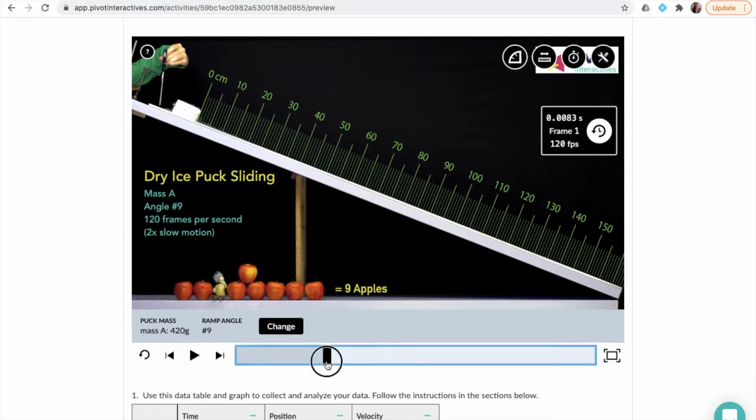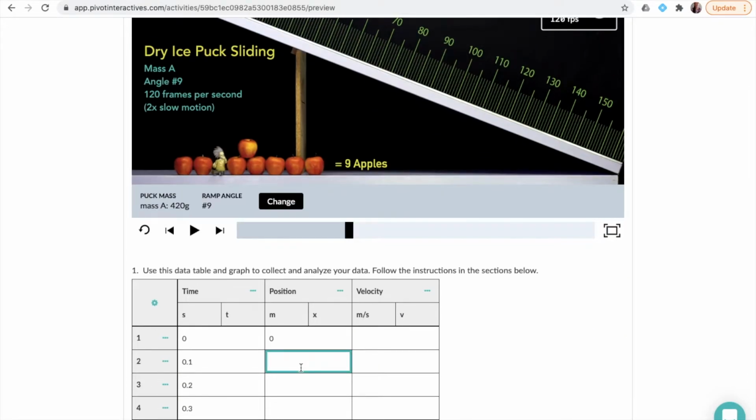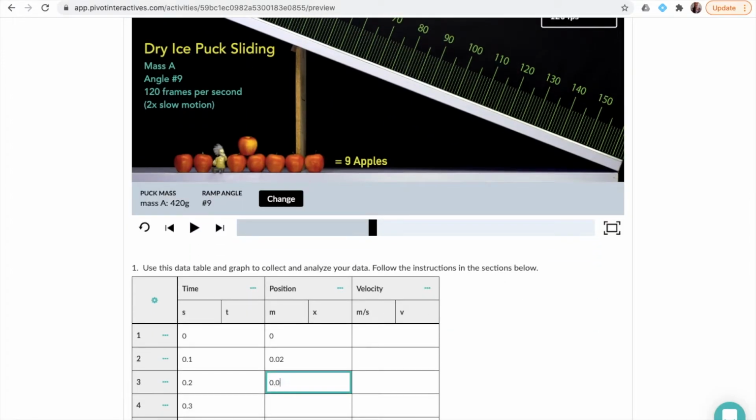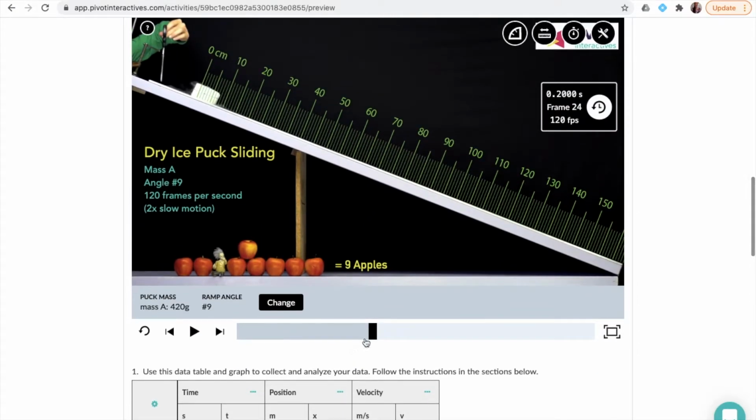If I fast forward 0.1 second in time until up here on the right, the timer reads 0.1 second, then I can see that the puck has moved forward 2 centimeters. And keep in mind, 2 centimeters is 0.02 meters. You divide by 100. At 0.2 seconds in time, that's at 7 centimeters or 0.07 meters. And I'll do the rest on my own.